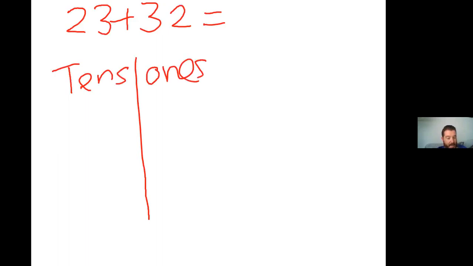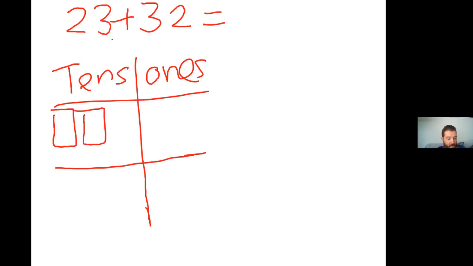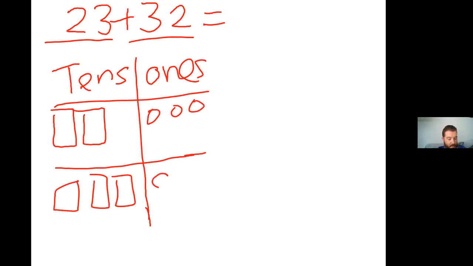Now remember, when we add, we do two parts, not just one part. Okay, and I'm going to make 23: 10, 20, because that's 23, 1, 2, 3. And then I'm going to add 32. So 3 tens, 2 ones.